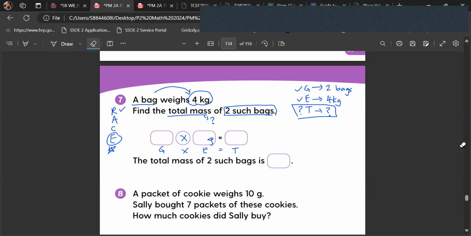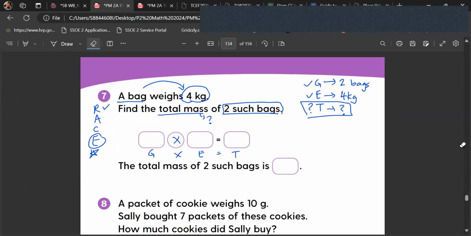It's not kilogram for everything. See, you have 2 bags, and then you have kilograms. They are different units. But the answer for total mass, what should it be? Kilograms. So I have 2 bags times 4 kilograms each, I will get 8 kilograms.